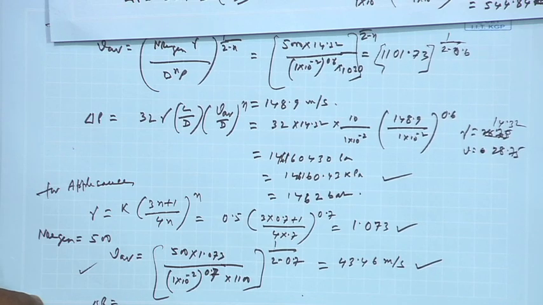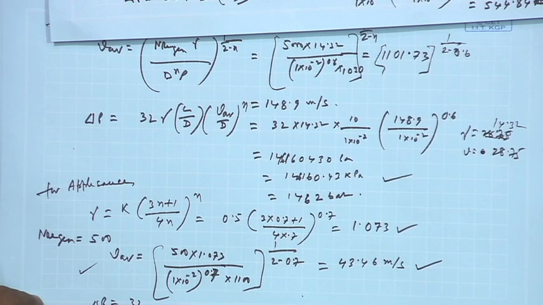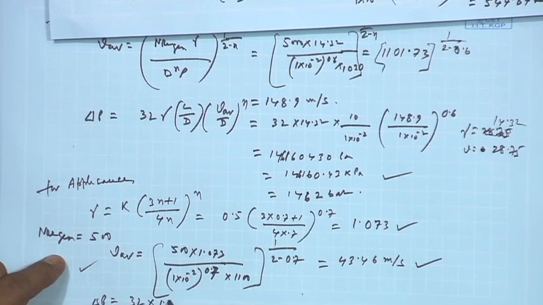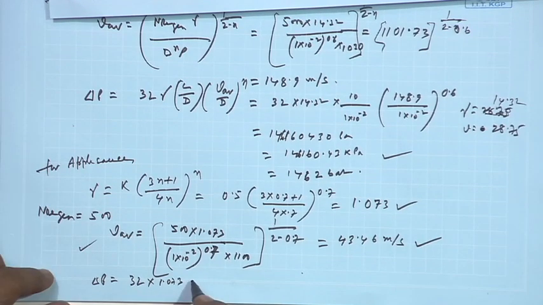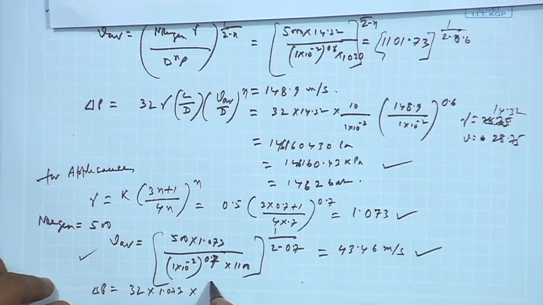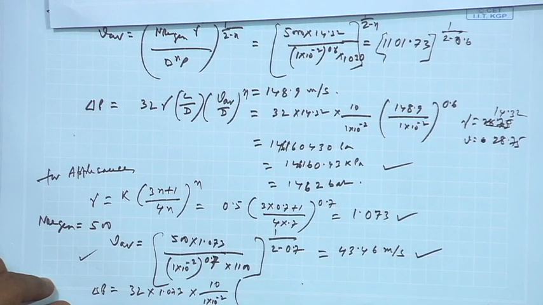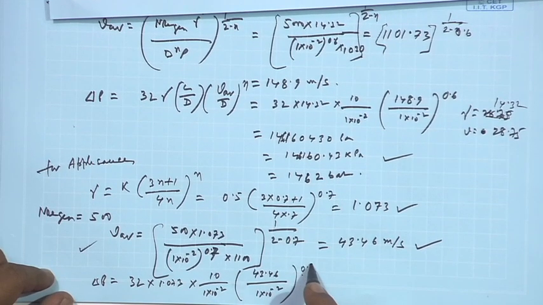Now delta P equals 32 into gamma. Gamma is found out to be 1.073, into L by D, which is 10 by 1 into 10 to the minus 2, into V average, that is 43.46, divided by D, that is 1 into 10 to the minus 2, whole to the power 0.7.